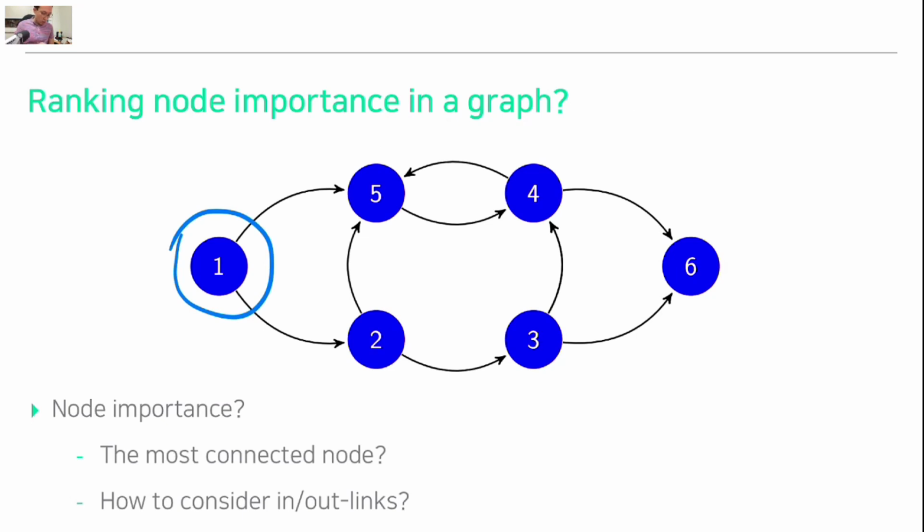We can also think about whether we have to consider the in or out links. For example, 5 has 3 incoming links, and it has 1 out link, right? Does that matter for deciding node importance? So what do you think?